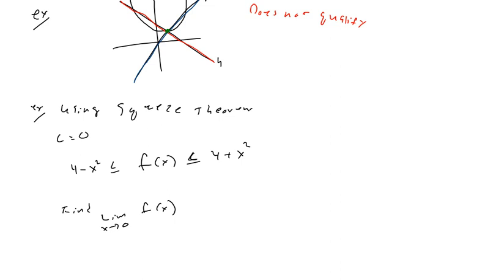Let's say I didn't even have this information. I have two functions. I'm stating for you that this function 4 minus x squared and this function 4 plus x squared are always smaller and always bigger than some equation which I do not know. I do not know what f is. But I know that it's always between these two equations.